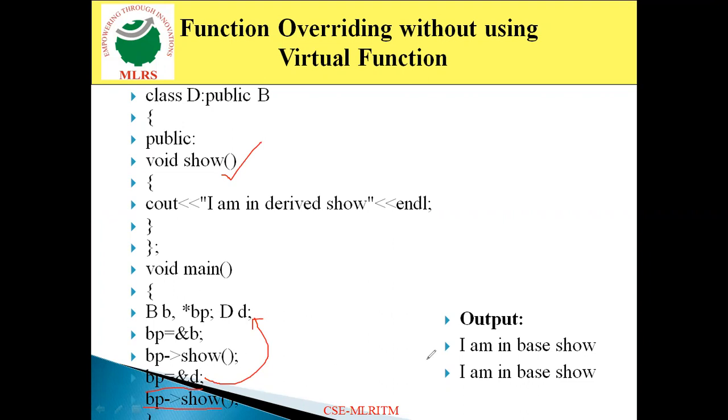So again it executes the show function in the base class, which displays "I am in base show" on the output screen. Look at this. Both times we get the same execution. We execute the same function two times because of the absence of a virtual function. Because of the absence of a virtual function, we are not able to execute the function in the derived class. This is function overriding without using a virtual function.